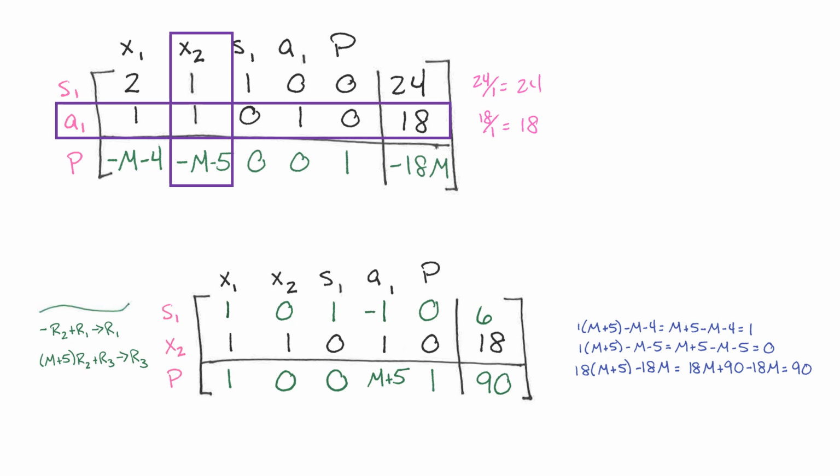So now my basic variables are S1 representing row 1, X2 representing row 2, and of course P represents row 3. Because there are no negative values to the left of the P column in the bottom row, this tableau is optimal. So let's find our solution to the modified problem.